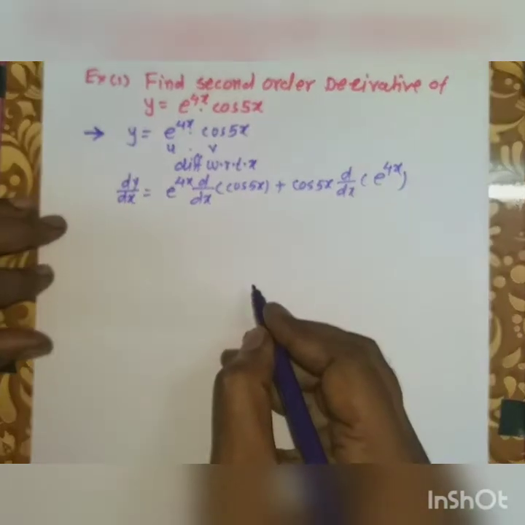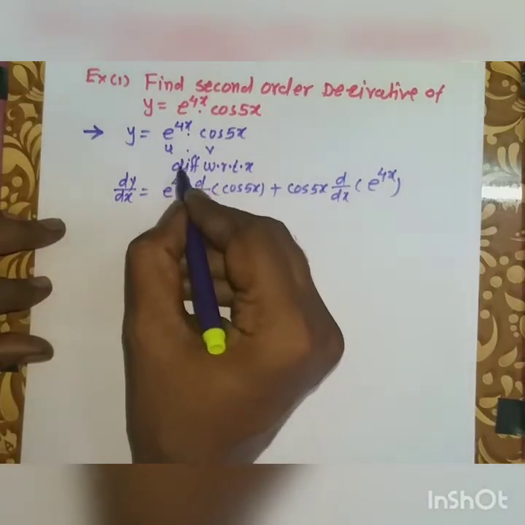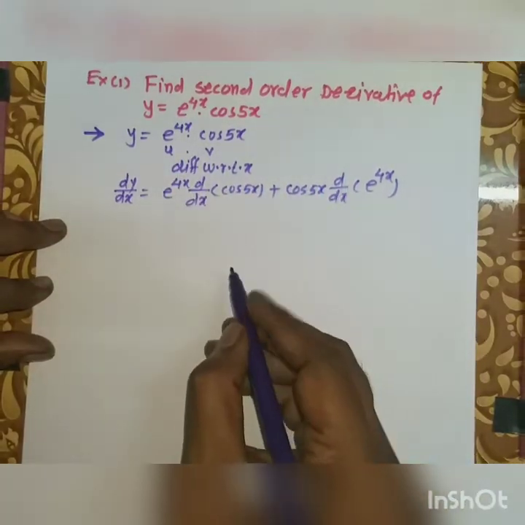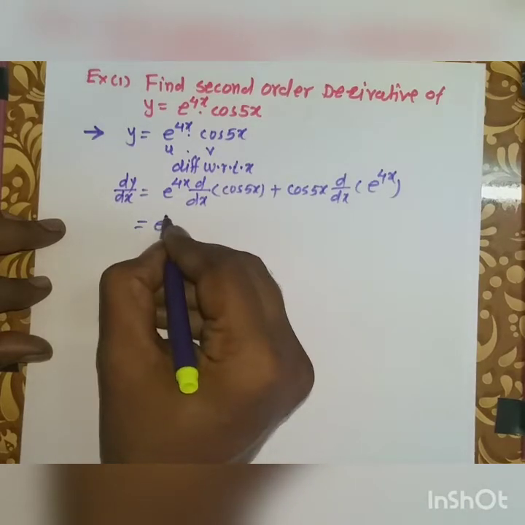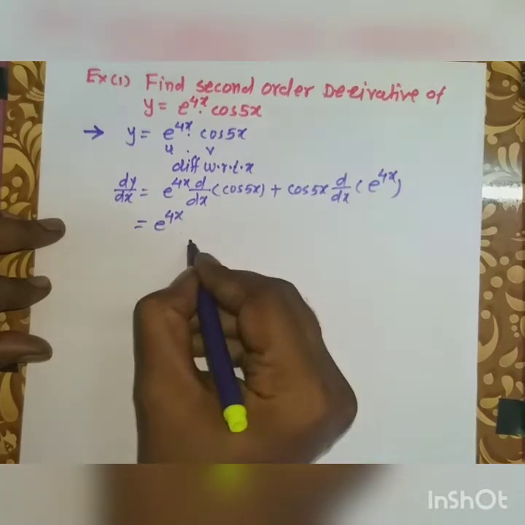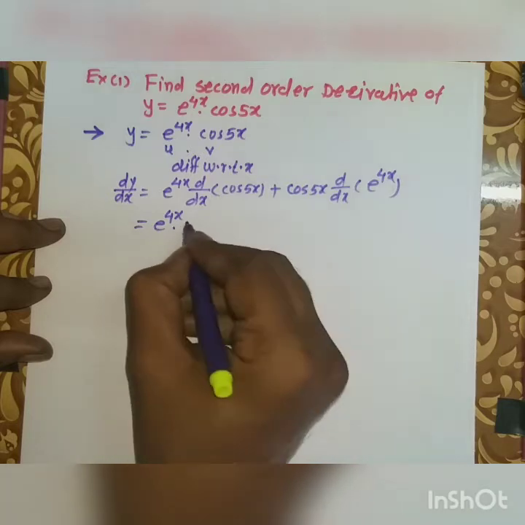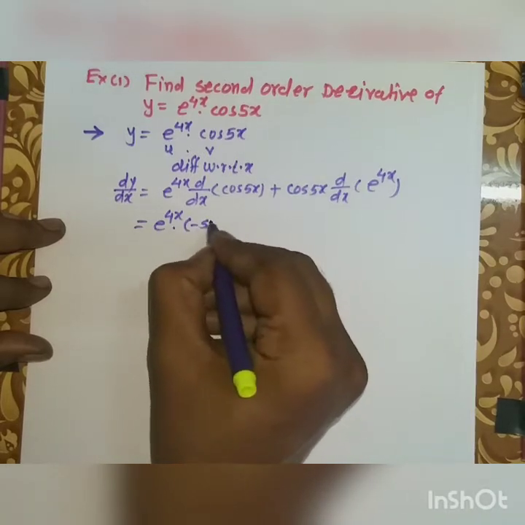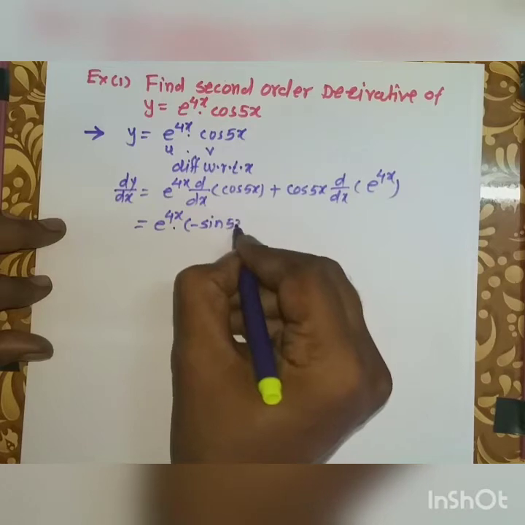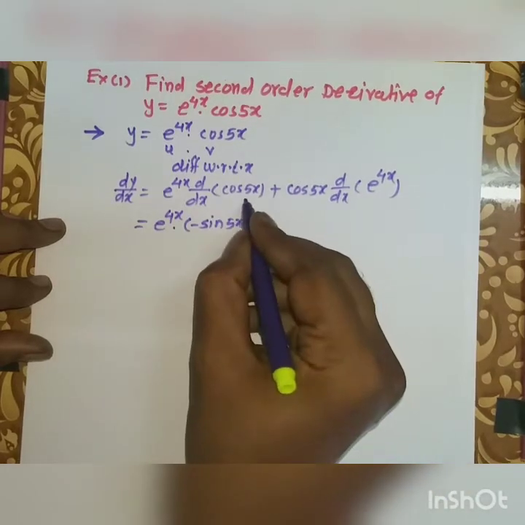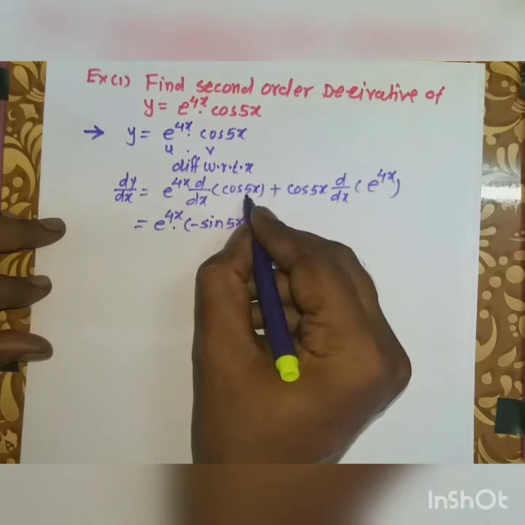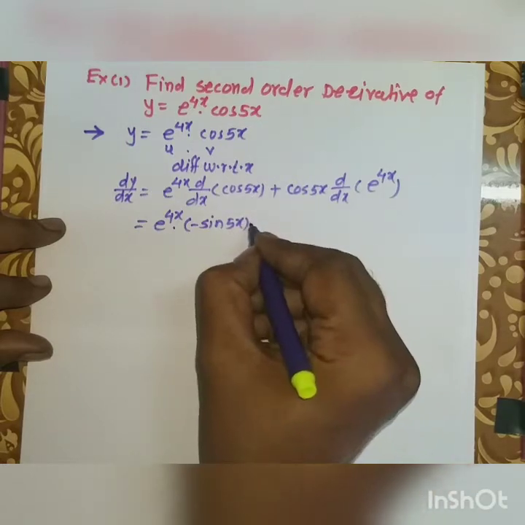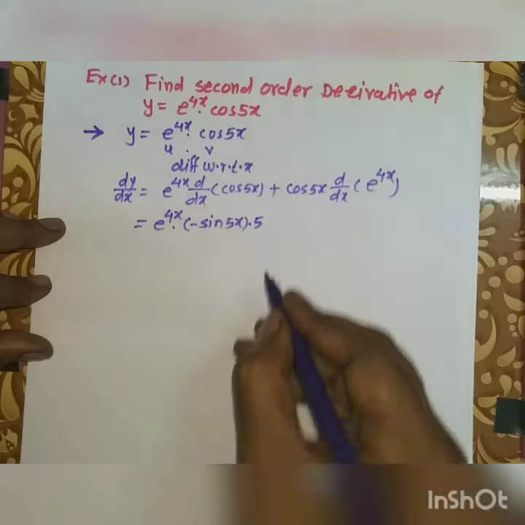The derivative of cos function is minus sin 5x, but in place of x here is 5x, that is function of function, so again take the derivative of 5x, which is only 5.